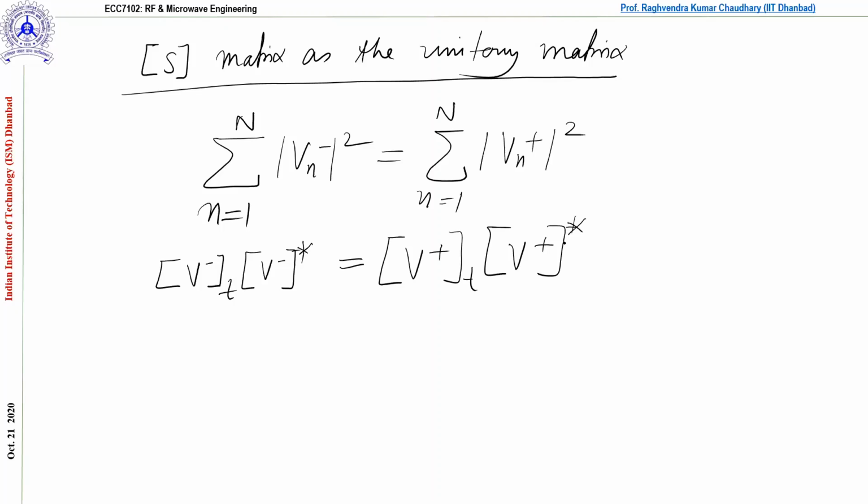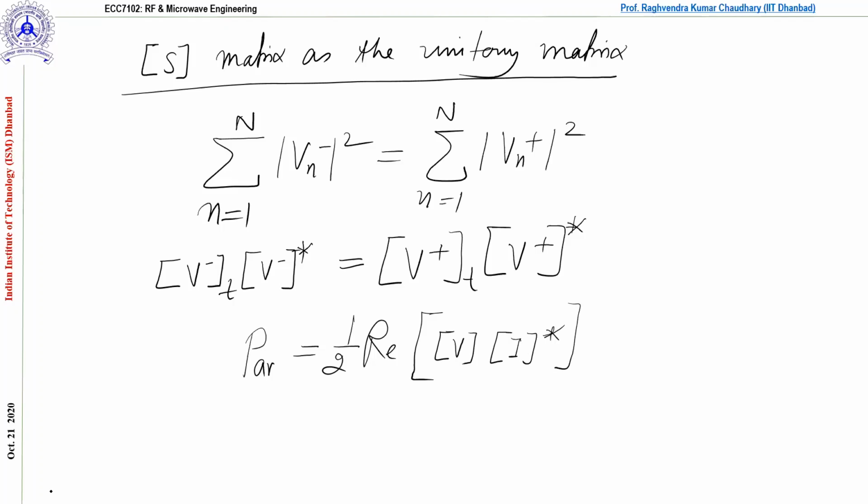You must think about how I expanded it like this, why I am using the transpose and the complex conjugate. For that we require the definition of the average power. What was the definition of the average power? Remember that P average is equal to half of the real part of the V matrix and I matrix.